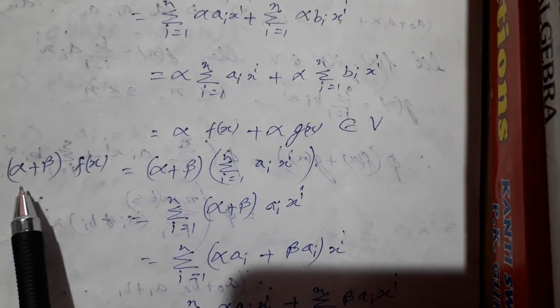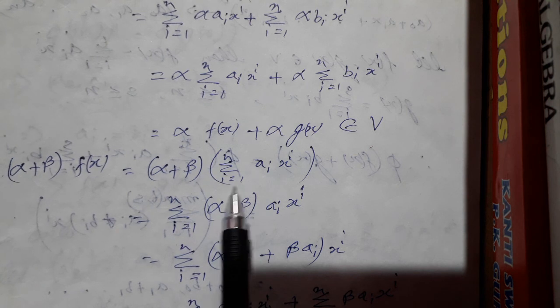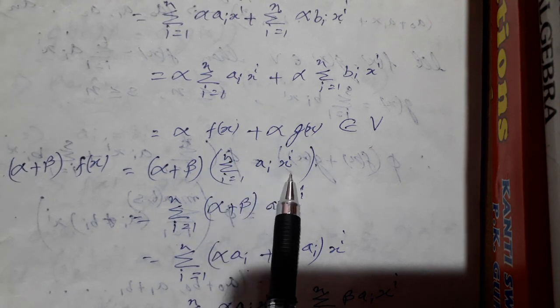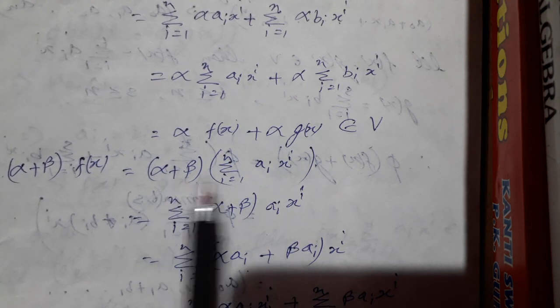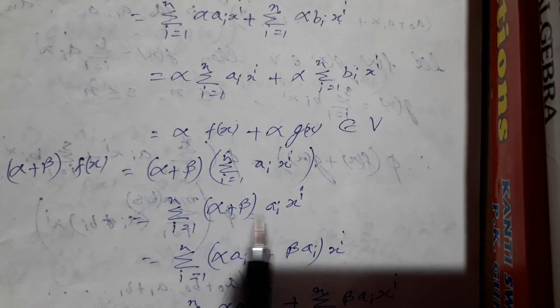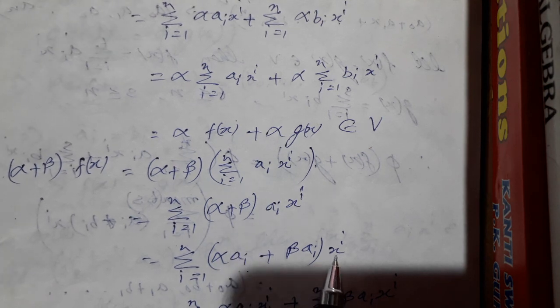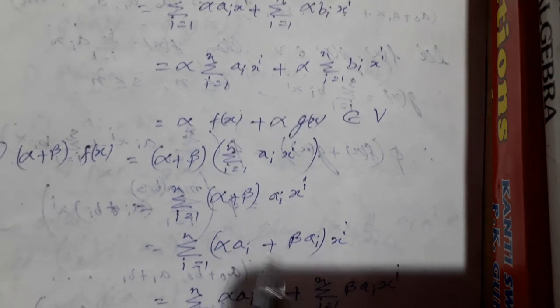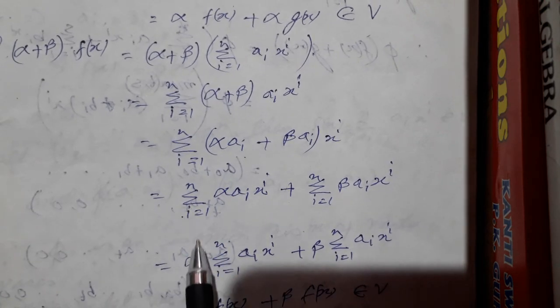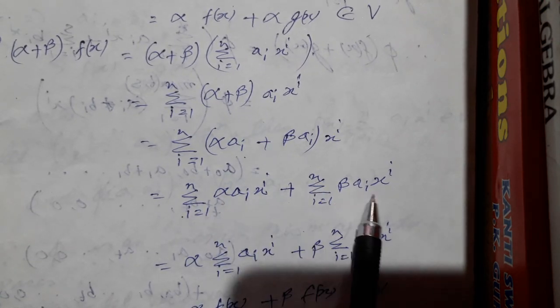Let us check the second condition. (Alpha plus beta) f(x) is (alpha plus beta) summation i equal to 1 to n a_i x^i. Then you multiply this to the coefficient of x^i. So (alpha plus beta) a_i; this alpha a_i will be multiplied to these two. Then you separate the summation. So we get summation i equal to 1 to n alpha a_i x^i plus summation i equal to 1 to n beta a_i x^i.